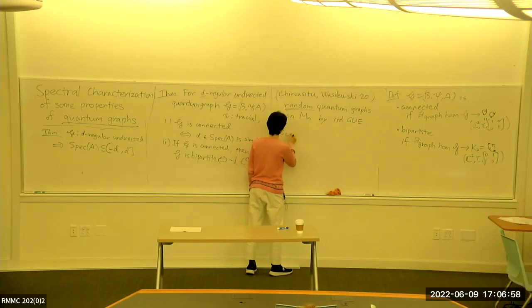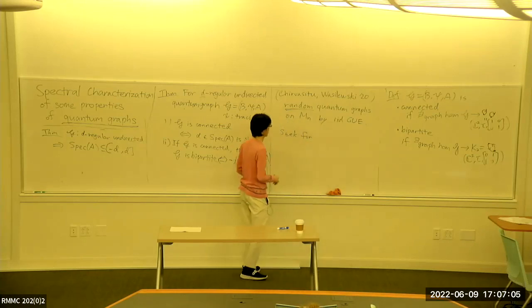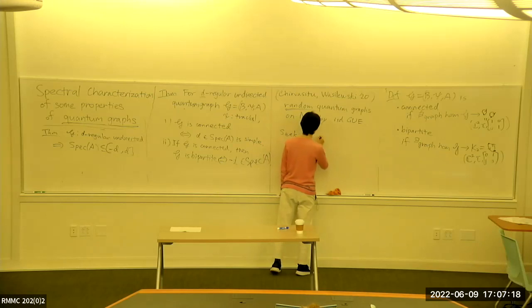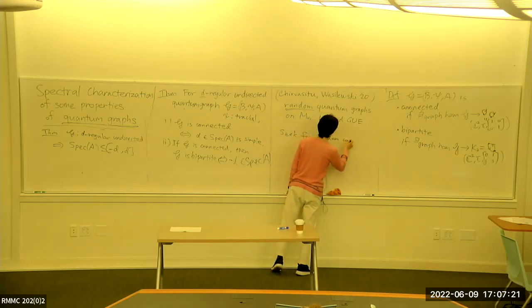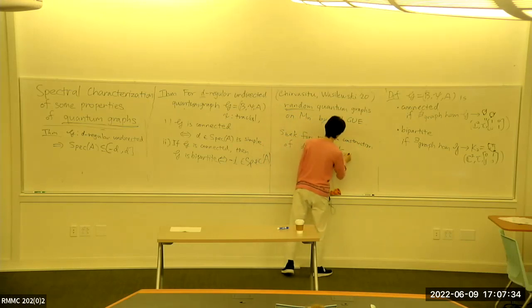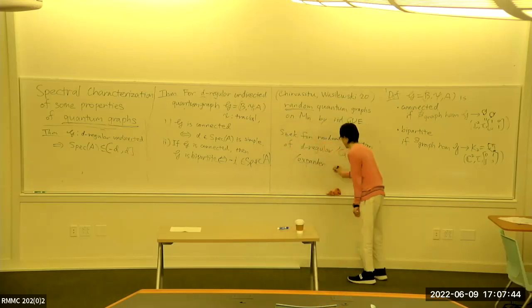So we seek a much better random construction of quantum graphs that generates quantum graphs with some additional assumptions, such as regular, Cayley, or expander quantum graphs.